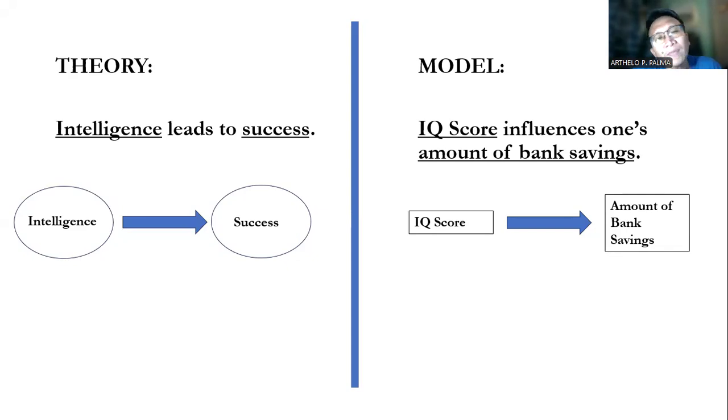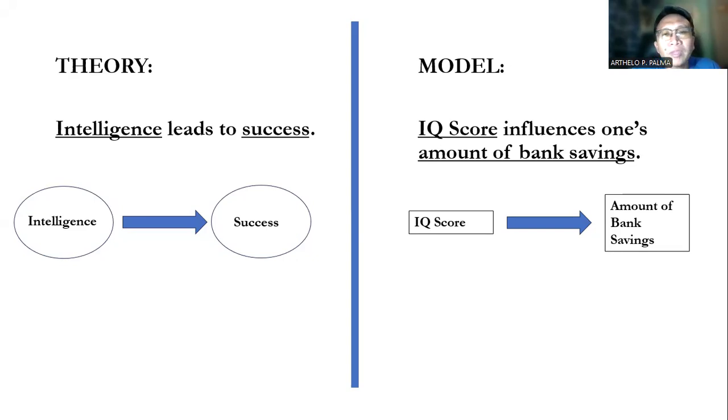So you want to find out if this theory actually applies in the context of someone's financial capability. Now you are applying this theory because this theory is very broad. So you want to contextualize the theory and apply it in the context of finance.